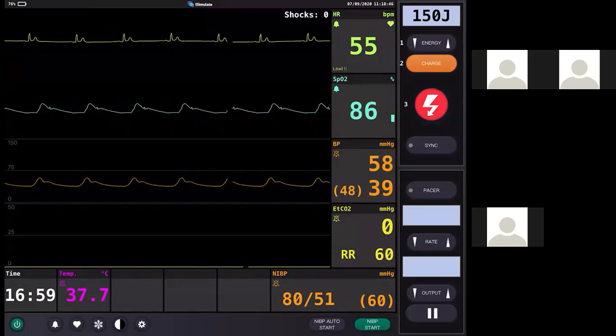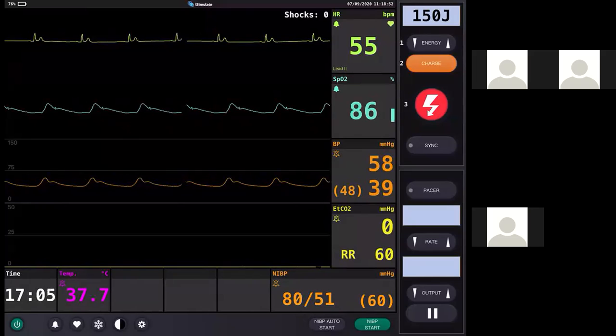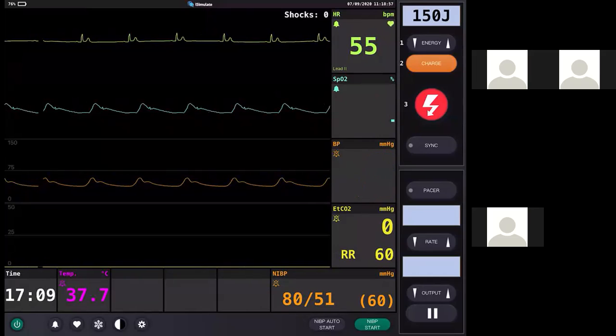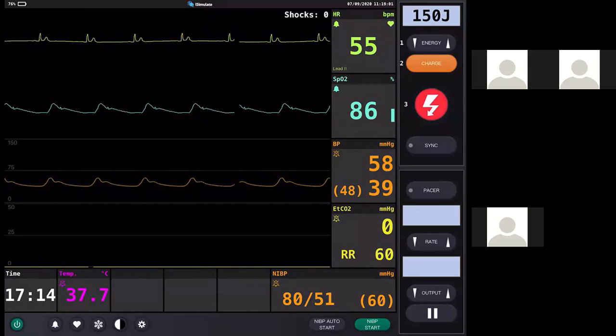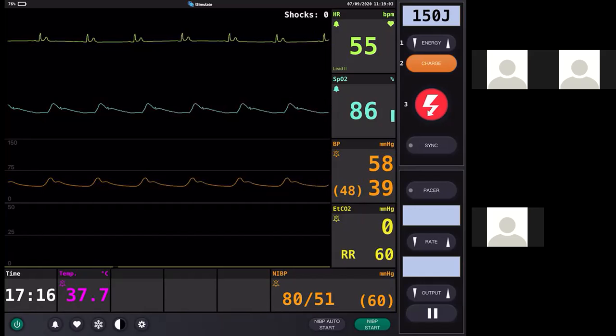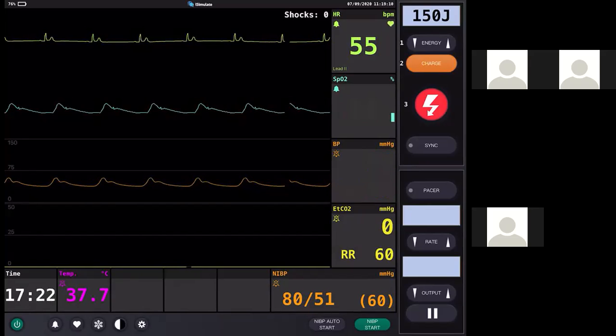This is what needs to be done. This child, you need to start CPR right away. Anytime you have symptomatic bradycardia, later on you can give inotropes, you can give epinephrine, whatever you want to give.